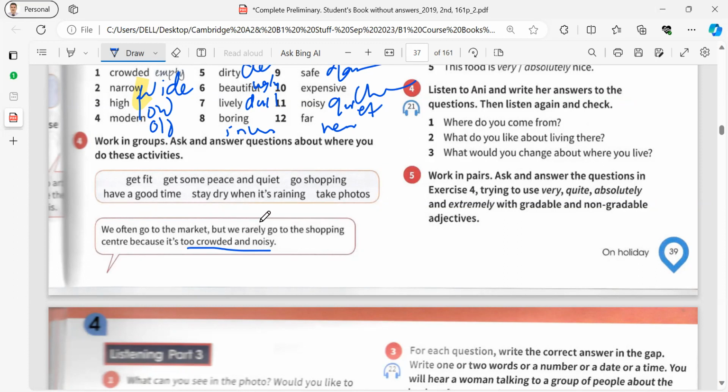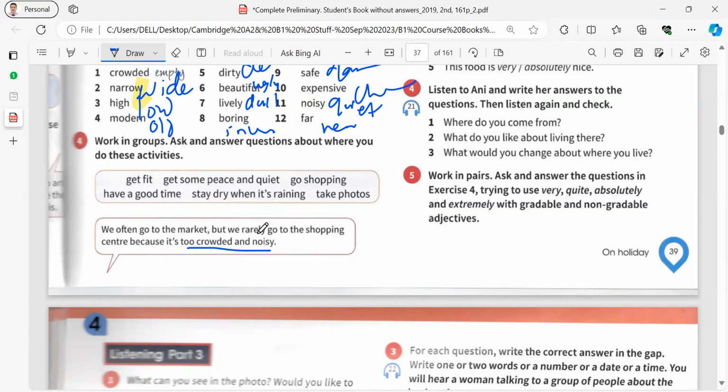And where do you go to have a good time? Have a good time, like relaxing, enjoy, have fun, like going to the cinema, going to the theater. Maybe I go to the cinema, the beach.